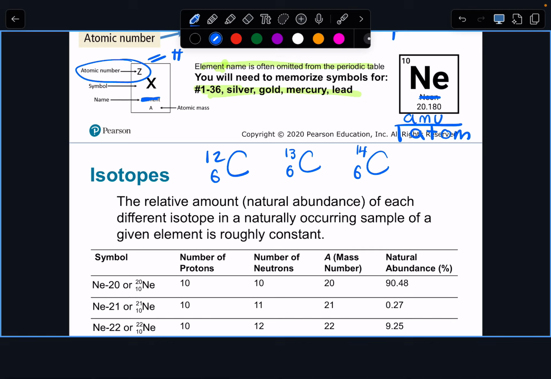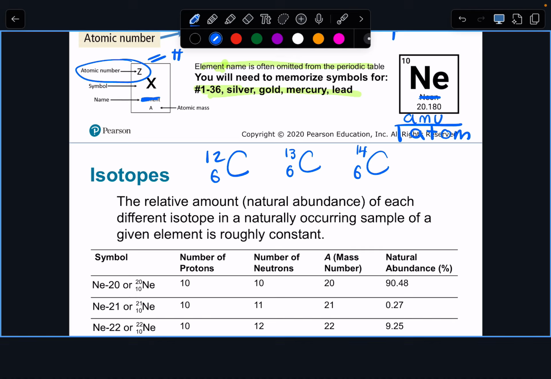Once you die though, or let's say it's a plant, once the tree gets cut down and it's no longer making its own sugars, that carbon starts to decay and it's not getting regenerated. So the carbon-14 doesn't get replaced. Let's say there's a certain percentage of carbon-14 to start; that starts decaying at a very predictable rate.